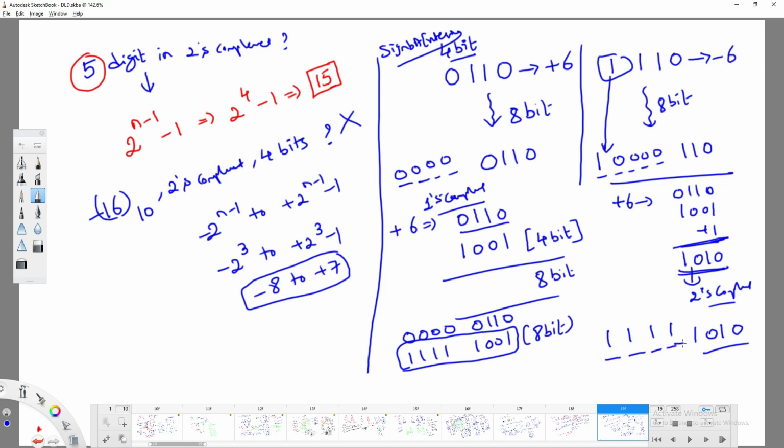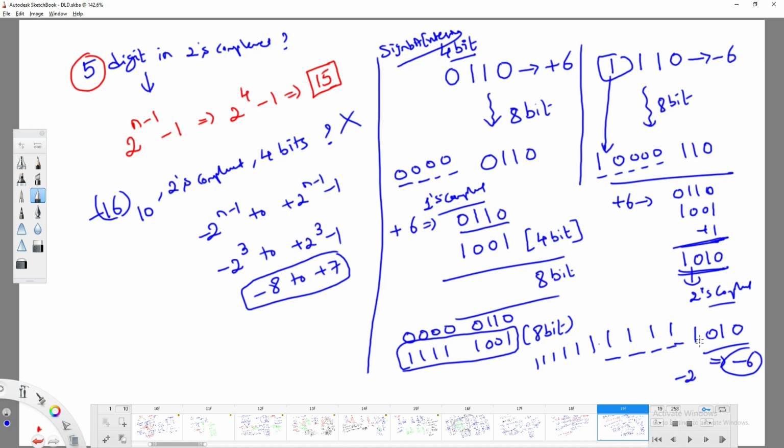Minus 2 power n minus 1, 2 power n minus 2, and so on, right? Even if you write any number of ones, is there any change in this value? There is no change in this value. It is always going to be minus 6 only. If you want, you can calculate it, so try to perform it.